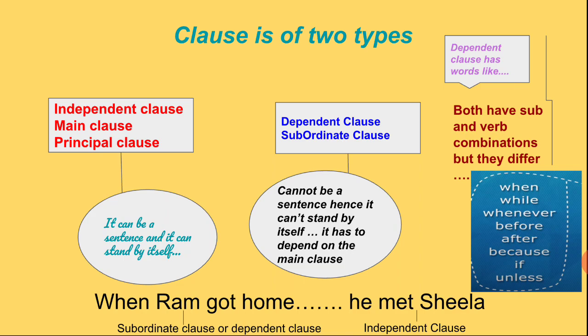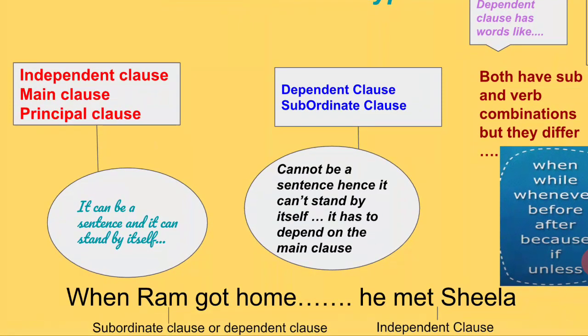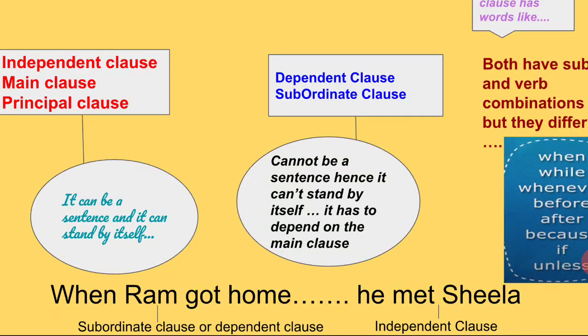A dependent clause can neither have a complete meaning nor can it stand by itself. That's why I've given you cannot be a sentence, hence it can't stand by itself. It has to depend on the main clause. For example, when Ram got home, he met Sheila.